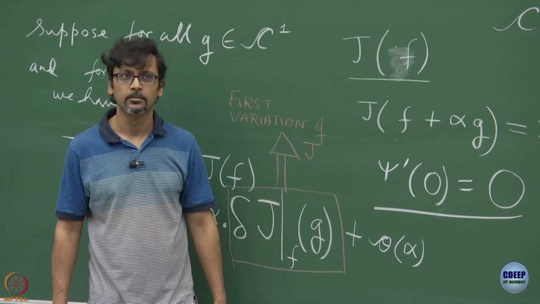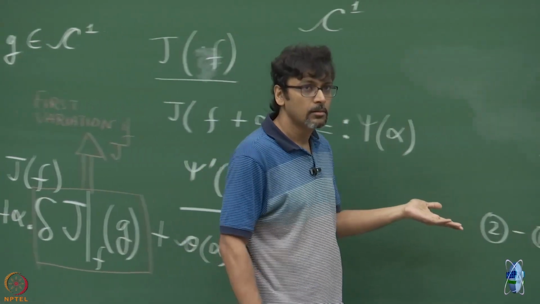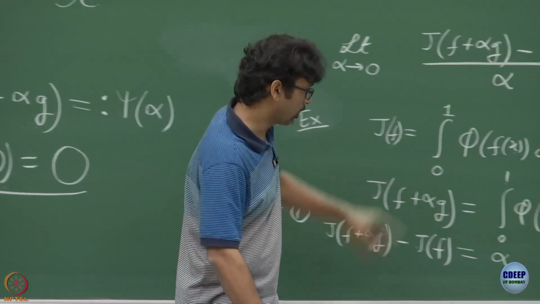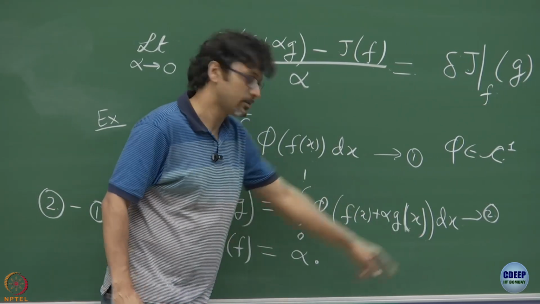You're expanding in the Taylor series around alpha, right? So what's multiplied with alpha that comes out? G of x, isn't it?